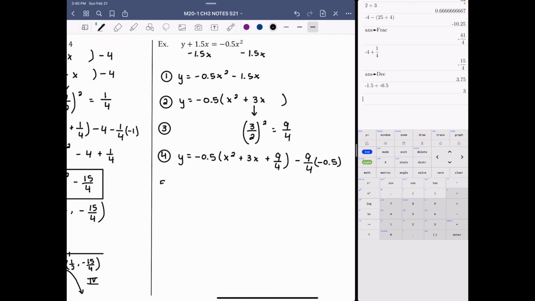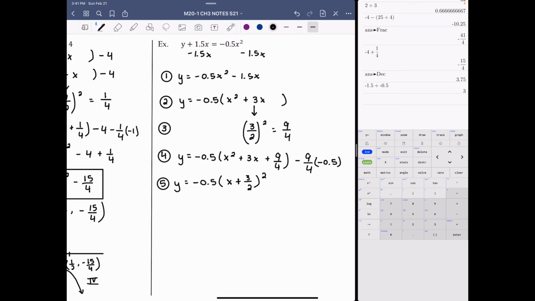Step 5, let's factor the trinomial. y equals negative 0.5, bracket, the square root of x squared is x. The square root of 9 over 4 is 3 over 2. Square root of 9 is 3. Square root of 4 is 2. The middle term from the trinomial has a plus, and the binomial is squared.